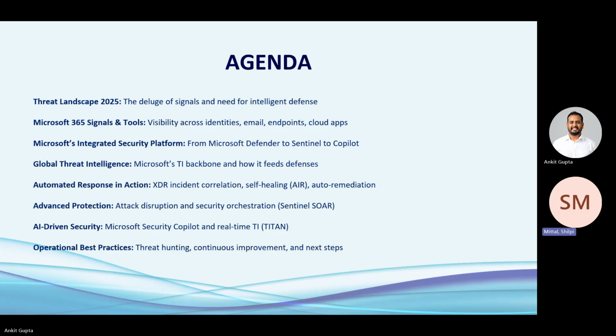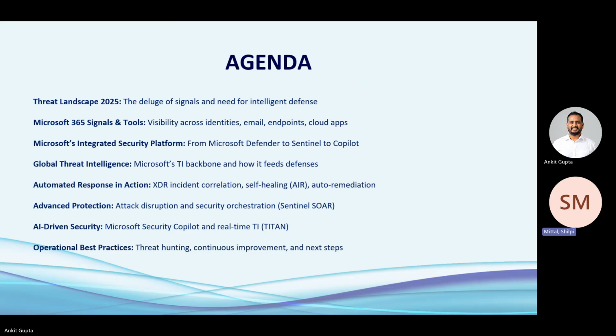We will begin by surveying the current threat landscape and why organizations are overwhelmed by security signals. Then we will identify the signals and tools in Microsoft 365 that provide visibility into threats, spanning identities, emails, endpoints, and cloud applications. Next, we will introduce Microsoft's integrated security platform, how tools like Defender, Sentinel, and Copilot work together.